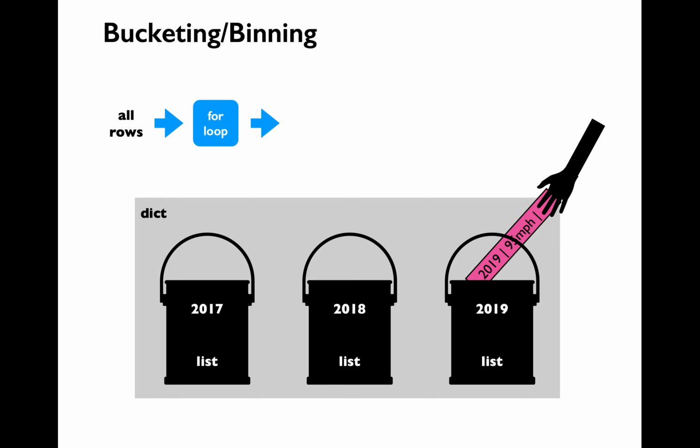The buckets themselves are going to be represented as the key value pair within your dictionary here. Your key is going to be your bucket value, which is going to be year in this particular example. The value corresponding to that particular key is going to be the list of list data structure, which keeps track of the rows within your data set, which got added to that particular bin or bucket.